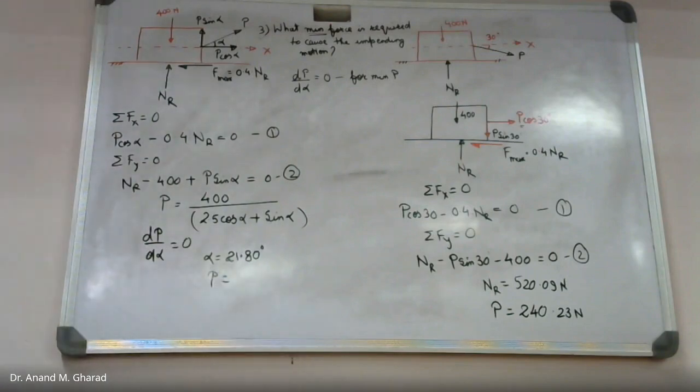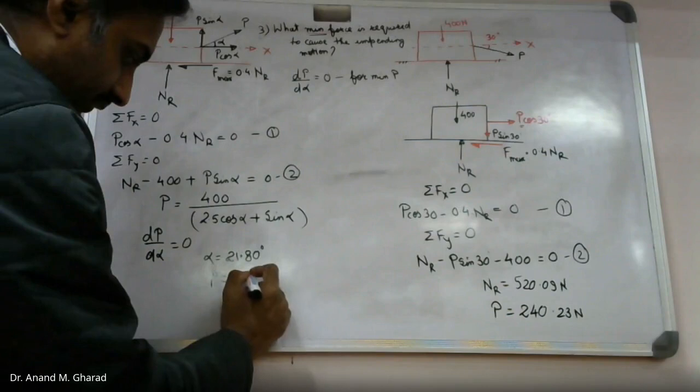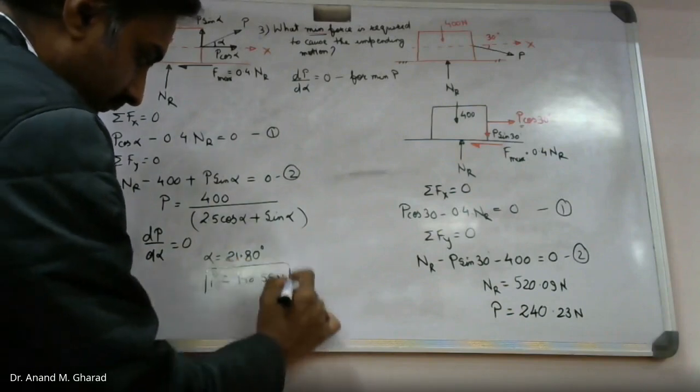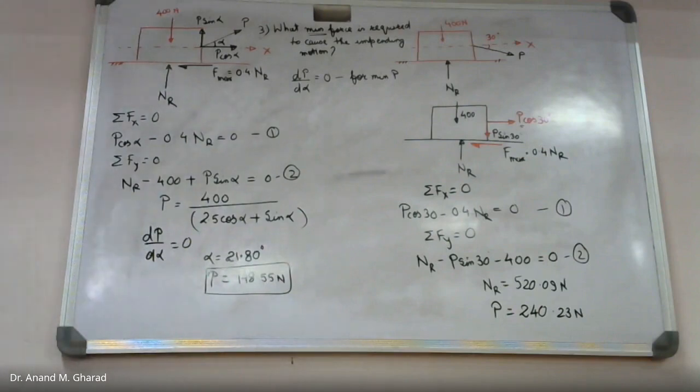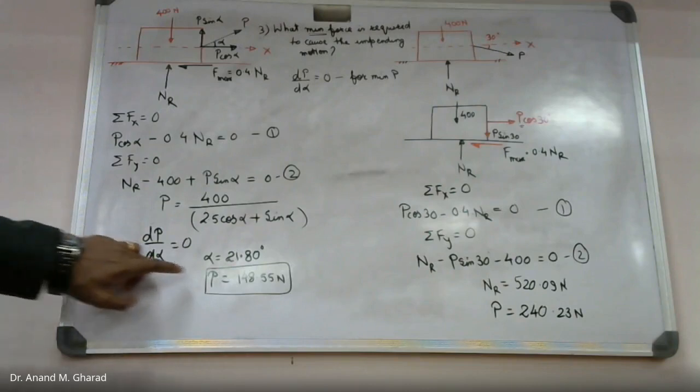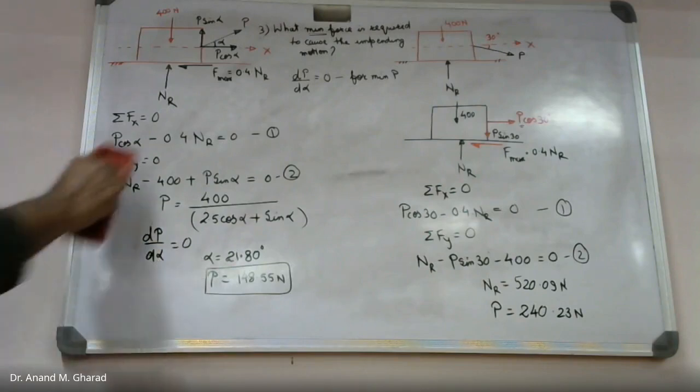P I am getting it to be 148.5. Okay? Is this okay? You can do the calculations, right, and try to identify the alpha and P values.